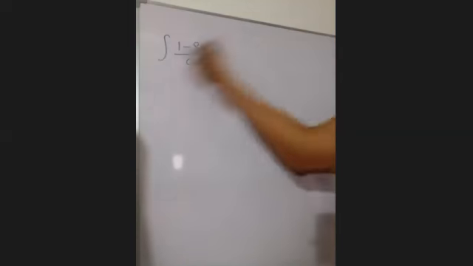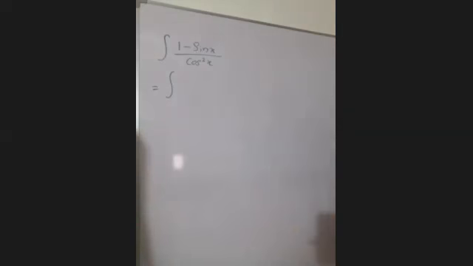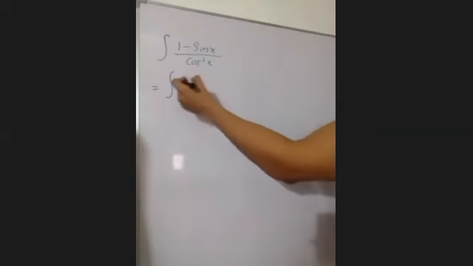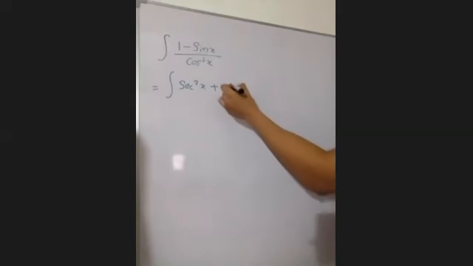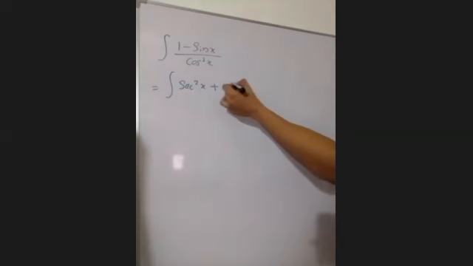We can split it: 1 over cos squared x is sec squared x, plus sin x over cos squared x. I think we have done this kind of question yesterday. Sin x over cos squared x you can write as tan x sec x.